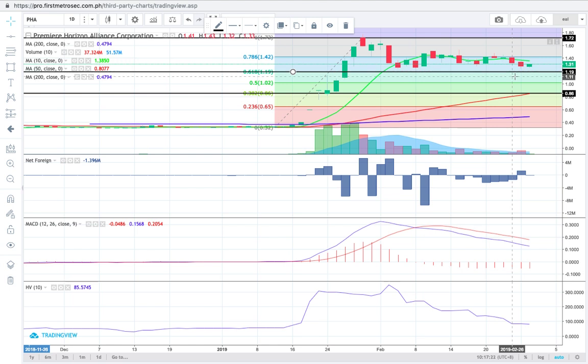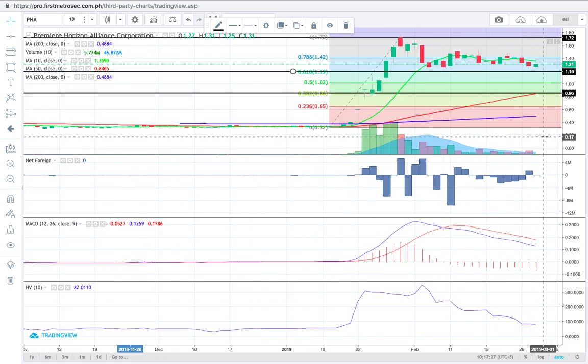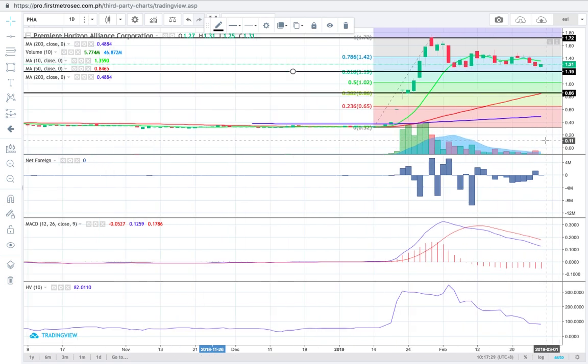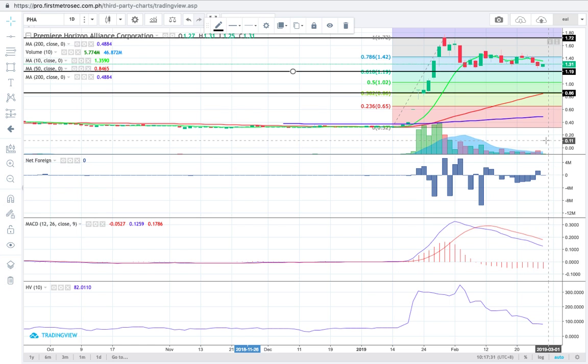So I'm neutral to bearish on PHA. If you hold a position on PHA, the question now is, when did you buy PHA? If you bought in the first week of February, perhaps your trailing stop loss is still intact, still below the current price of the stock.